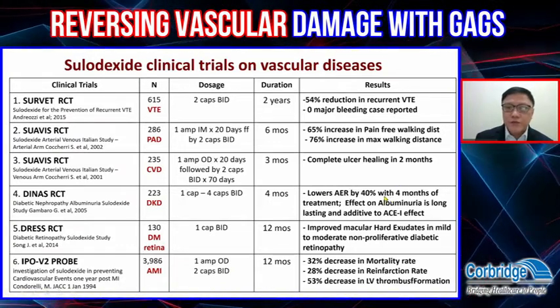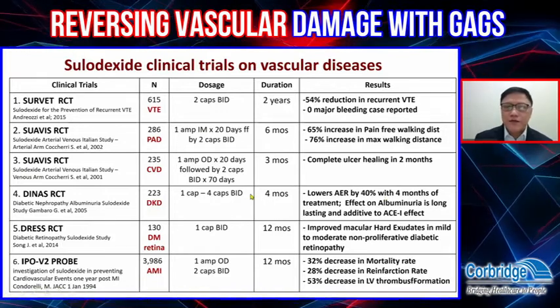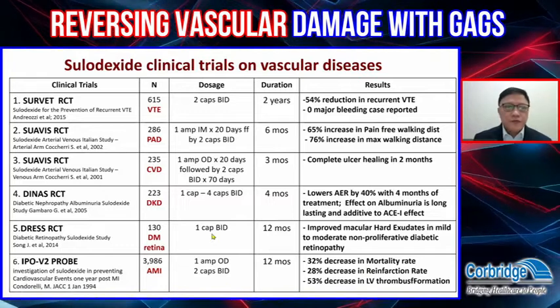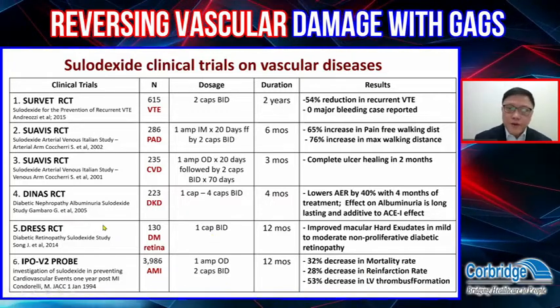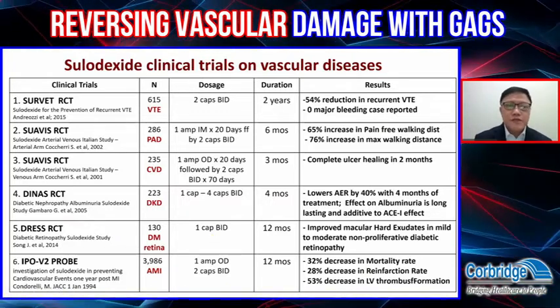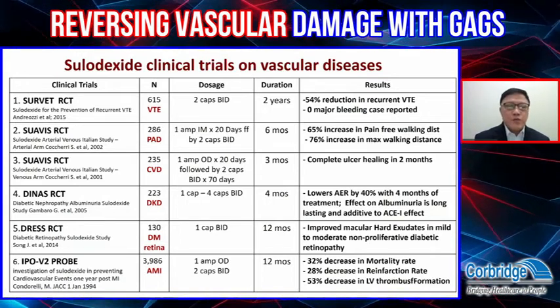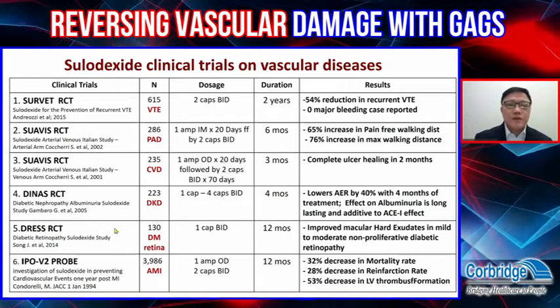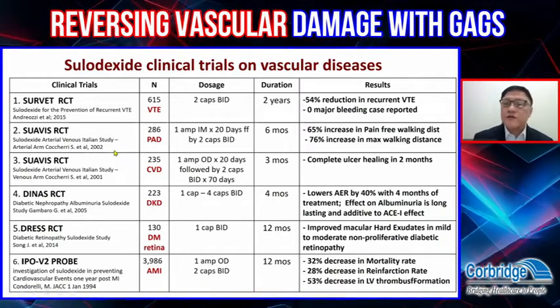clinical trials that were conducted, and I will cite many of them in this slide as a summary. One is the Survet, the popular Survet, which was published in 2015, where they randomized 615 patients with VTE.